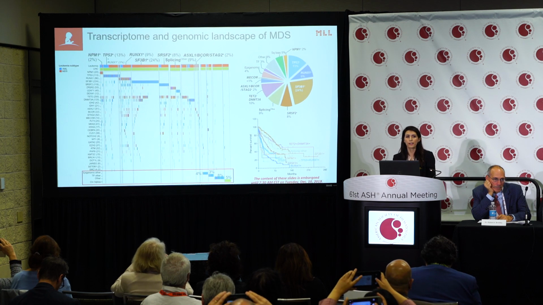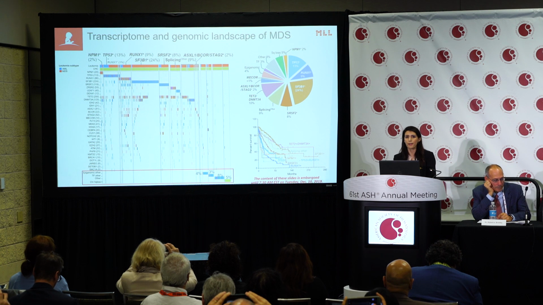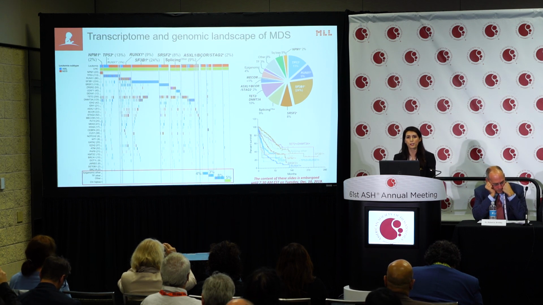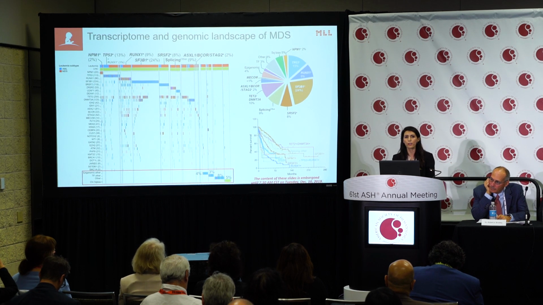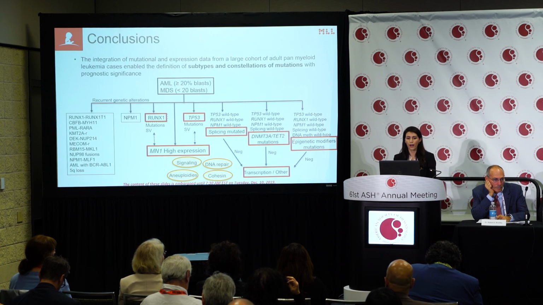Finally, the genomic landscape of MDS cases was really complex. So we were able, based on the combinations of different mutations and the gene expression, to define different subgroups as listed here. And again, we confirmed the importance of combinatorial mutations to determine a specific outcome.